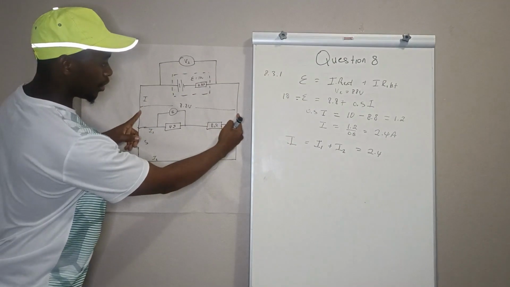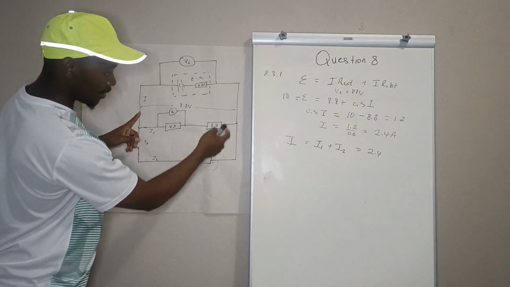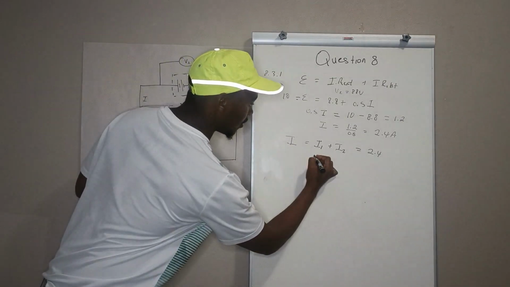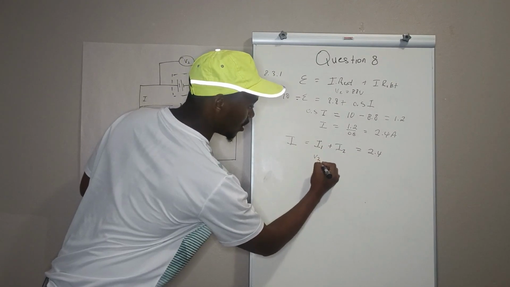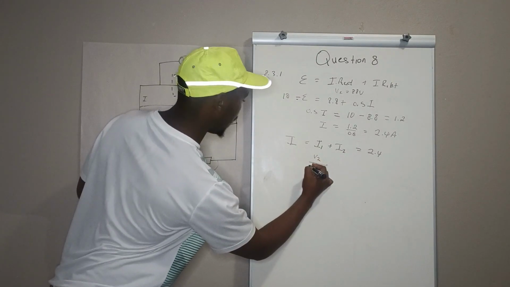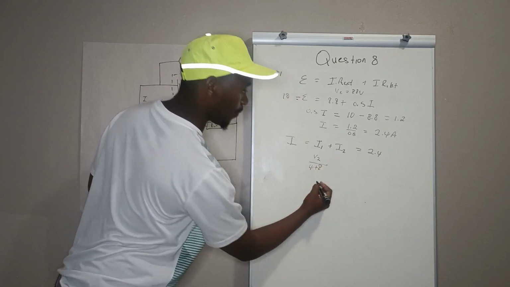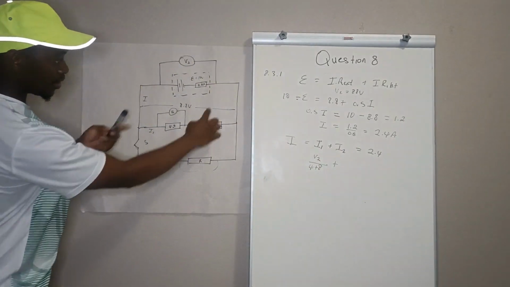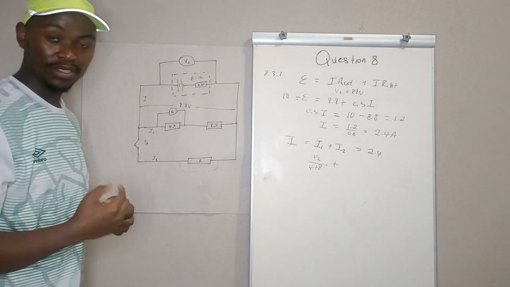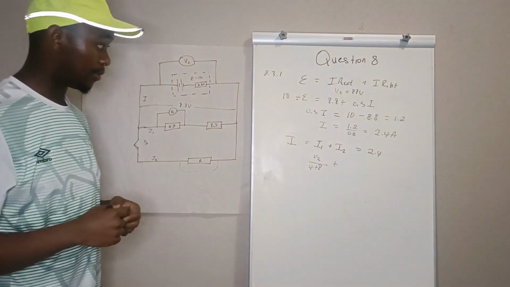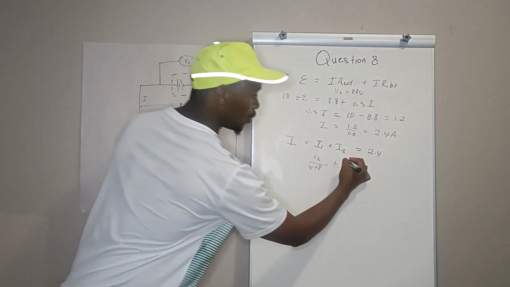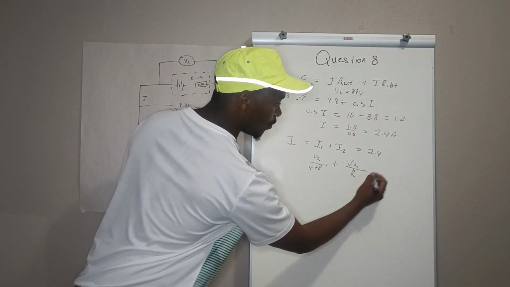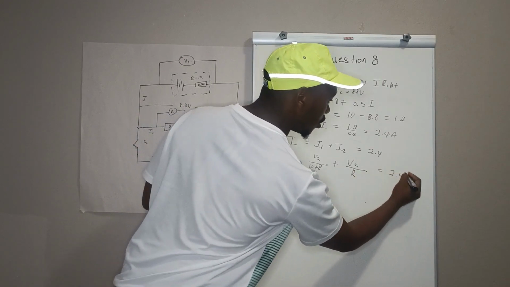I1 is the voltage across this part divided by the total resistance in here. So it's going to be a voltage reading of V2 divided by 4 plus 8. What about I2? I2 is still the voltage here because we said the voltage across the parallel circuit is the same. So we have V2 divided by R that we don't know. This is all equal to 2.4.